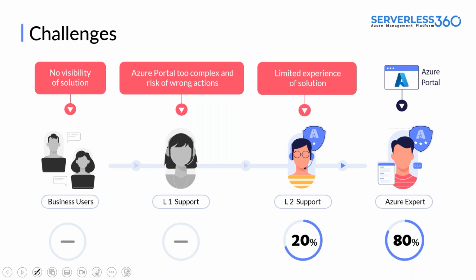The Azure portal is too complicated for your support team who don't have enough experience. All of your support tickets end up going to the developer or the Azure expert to be able to do anything meaningful with them. That takes time to get sorted out, and it costs money. So the idea is, if we can move any of the support this way, we think that's a win for the customer, and that's the underlying principle of Serverless 360.